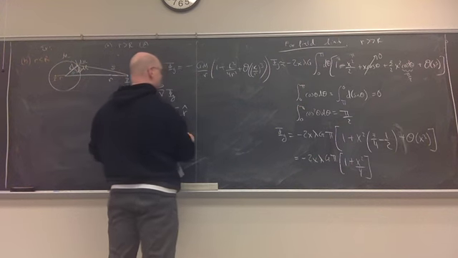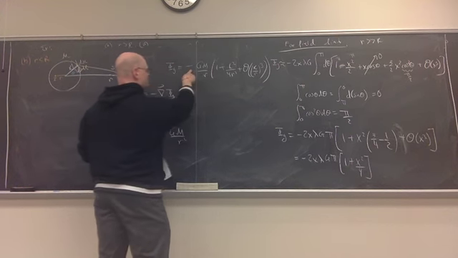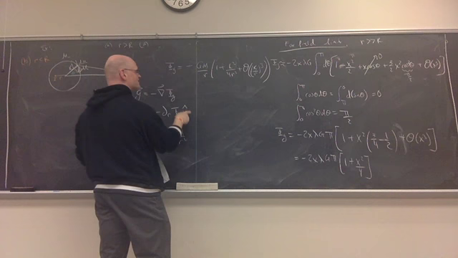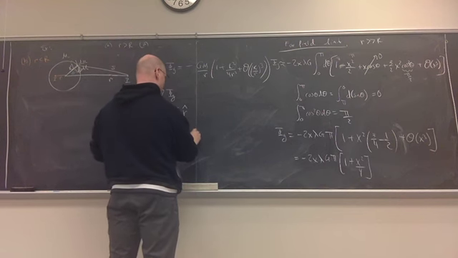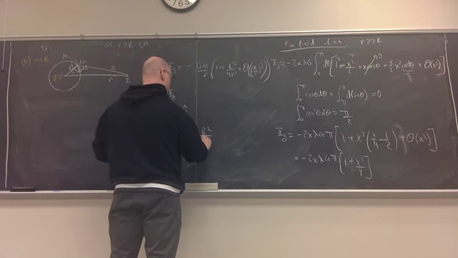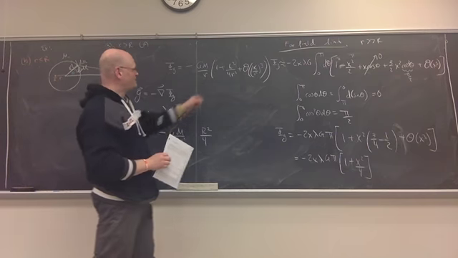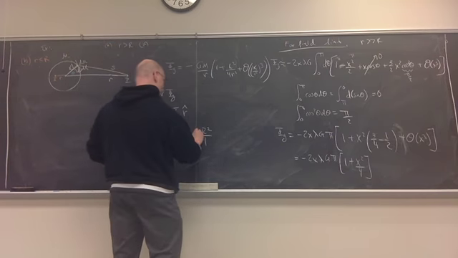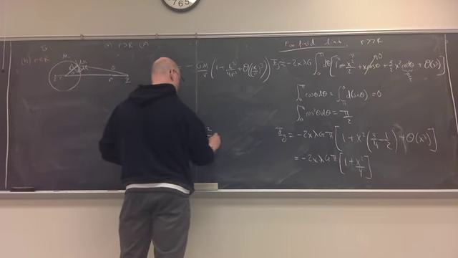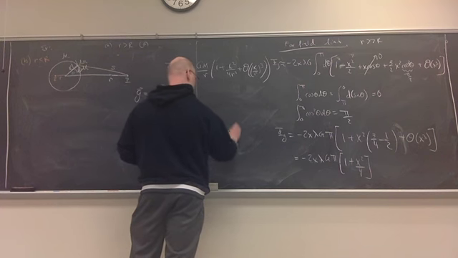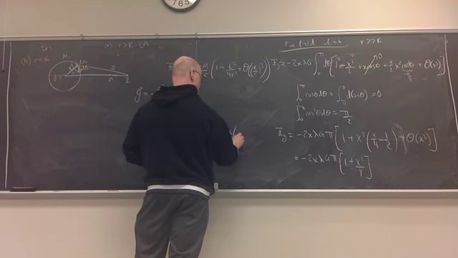This term then is going to give me a negative from here, but again, the negative here cancels that out, so that becomes a positive. So I'm going to get an R squared over 4. And when I take the derivative of that, that's going to give me a negative 3 over R to the 4th, plus then terms which are going to go as the derivative of this guy.